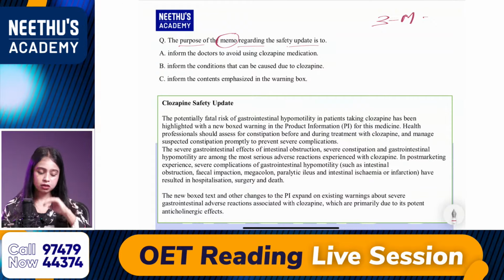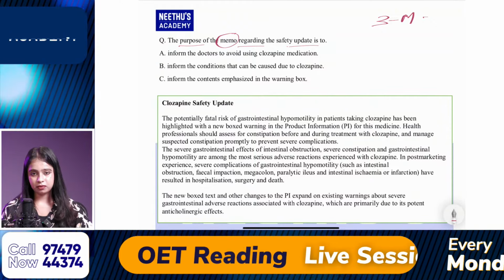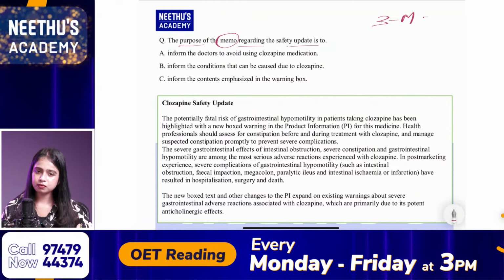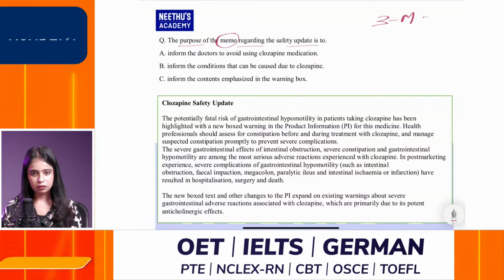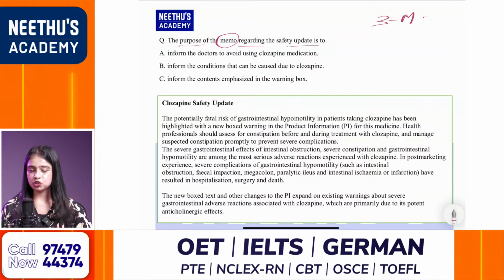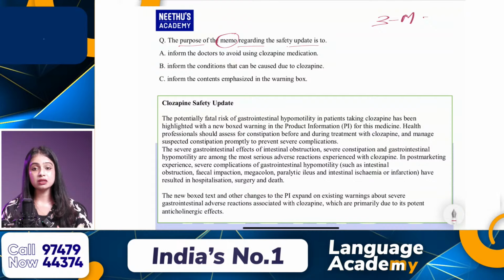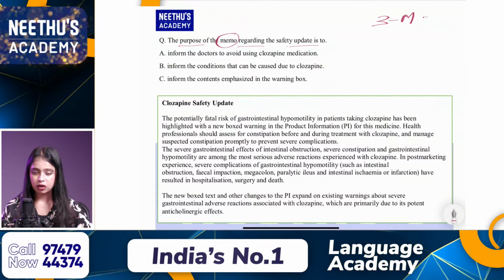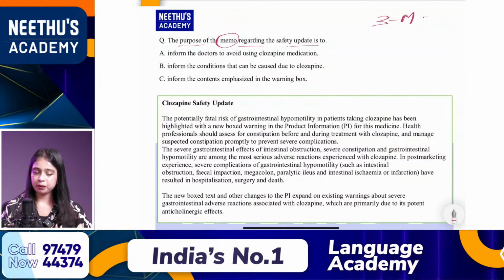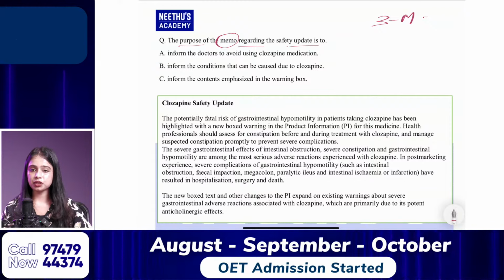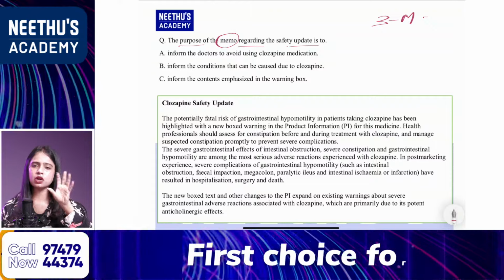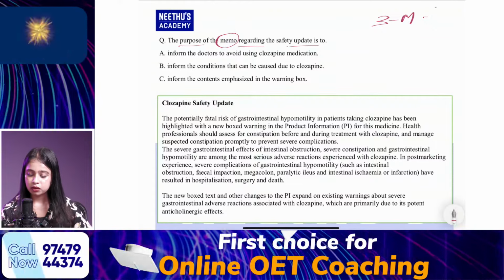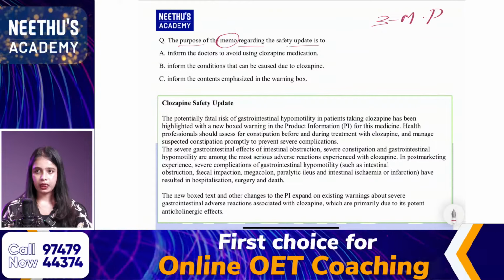We are reading for the purpose. What do you mean by purpose? The purpose means the overall idea. Third category means maybe an email, memo or notice. If the question is from the third category, then we are reading for the purpose, to understand an overall idea.